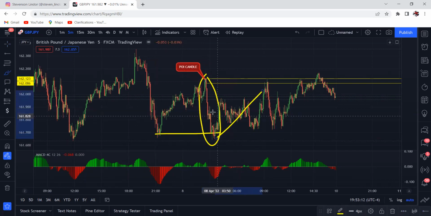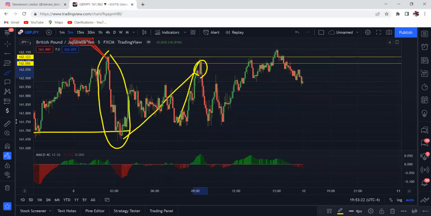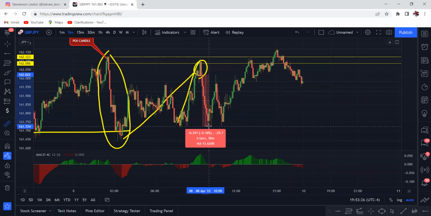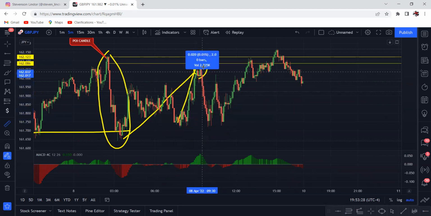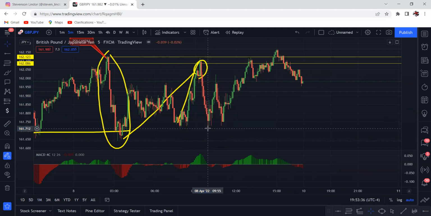I don't care what's happening here, here, here. I'm only going to sell when price comes in there. Price comes in there. Like I said, you can wait for bearish activity. And then I'm just looking for my sell. Only 29 pips here, but look, you're risking 9 pips for 29 pips.